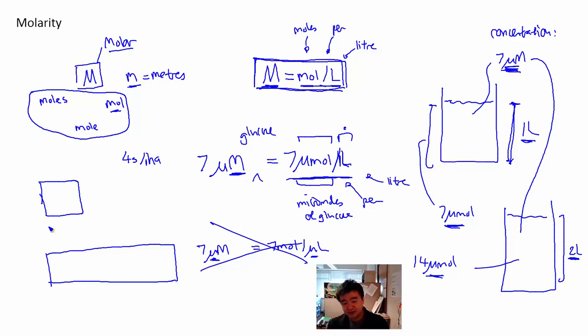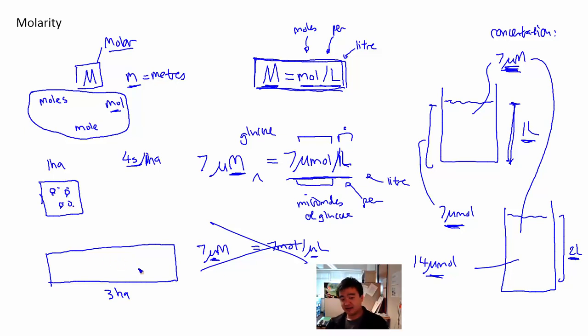And the density of sheep is the same in both paddocks. Now say this paddock is 1 hectare in size, and this paddock is 3 hectares in size. Now if the concentration is 4 sheep per 1 hectare, this means that we have 1, 2, 3, 4 sheep in this paddock here.